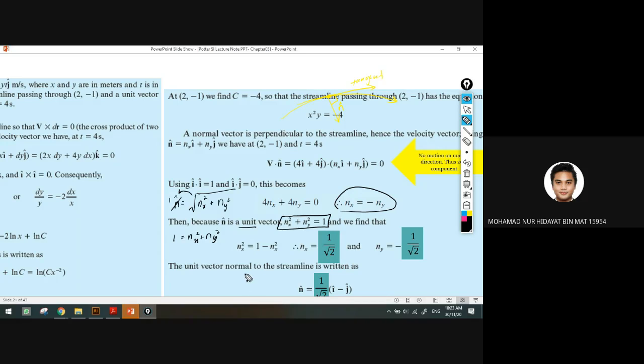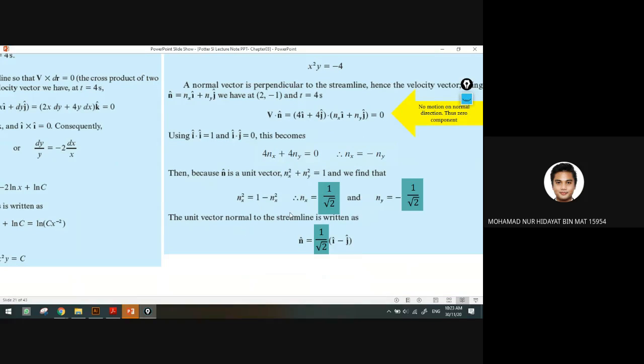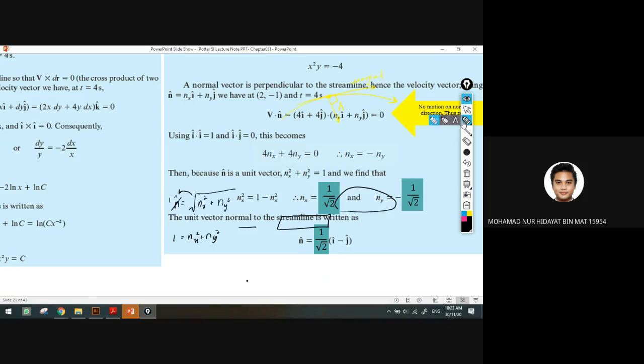Therefore, for the unit vector, remember, the unit vector is this. What you got earlier is 1 over square root of 2 for x, and negative 1 over square root of 2 for y. You substitute here and then factorize i and j. Finally, you get this answer.